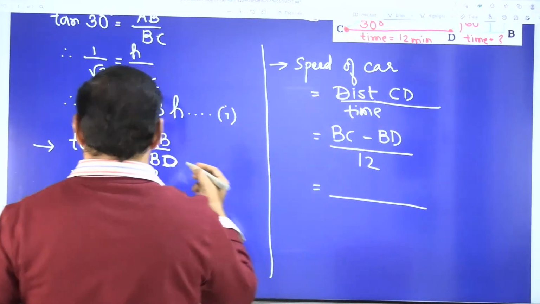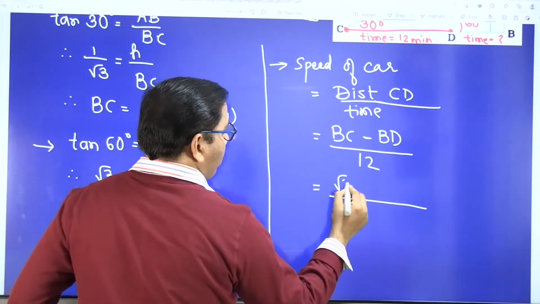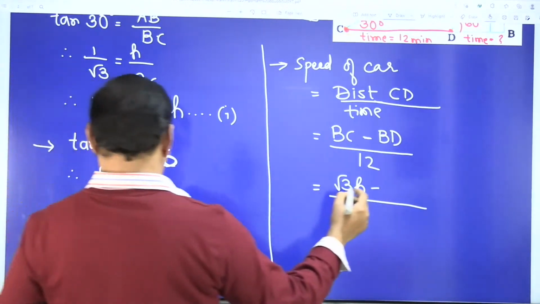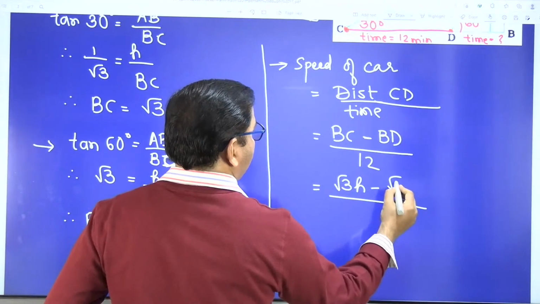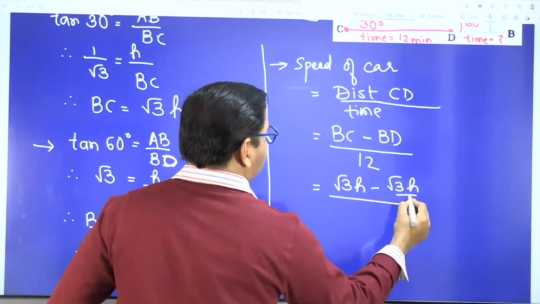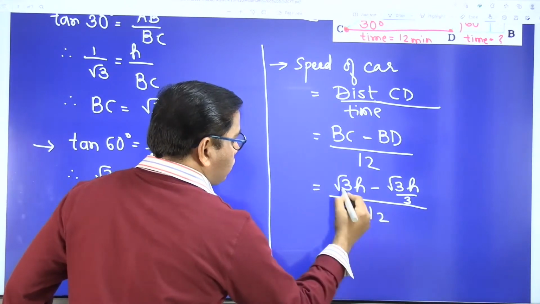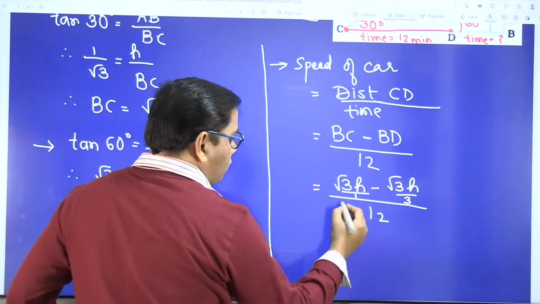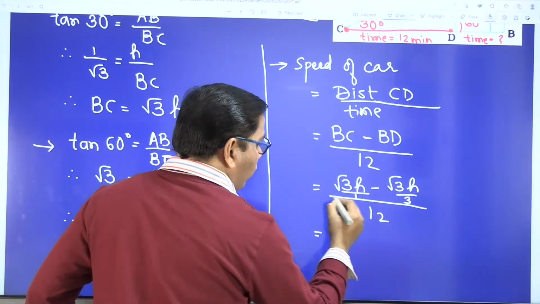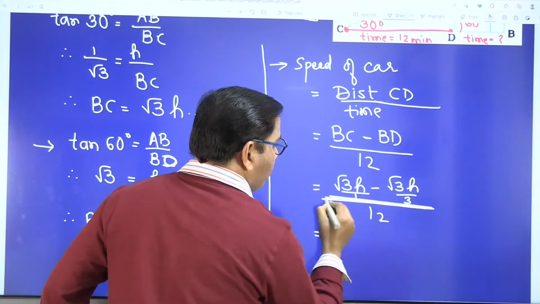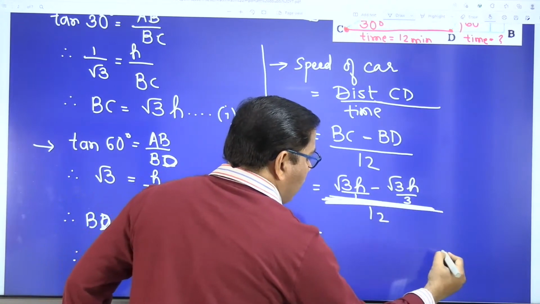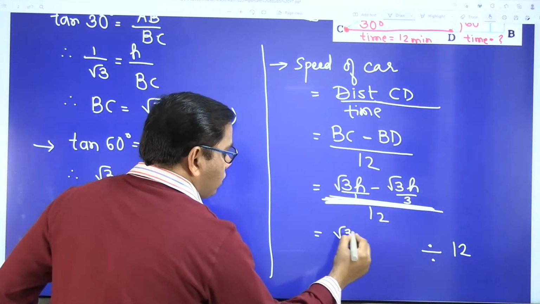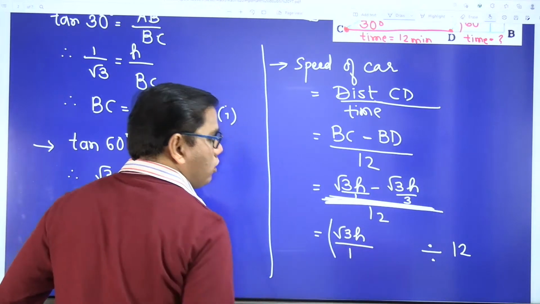So BC I got as root 3h minus BD. BD is what? Root 3h upon 3. And this is divided by 12. Let me write this separately. Divide by 12. BC is root 3h, no denominator, so I am taking this as 1.